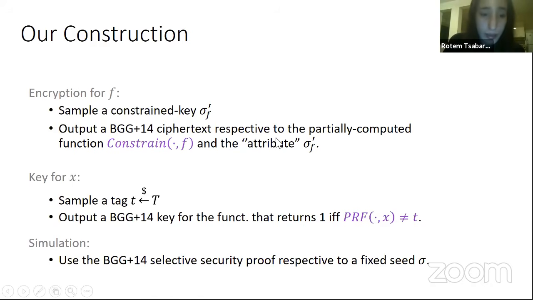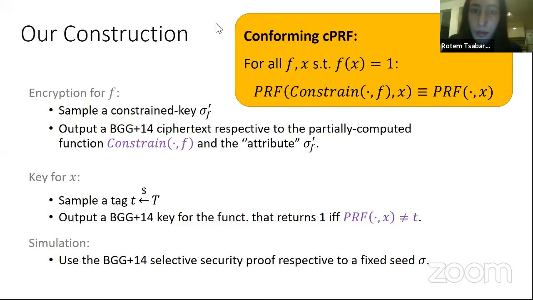The last thing that I want to say is that for this to work, we need the constraint PRF to have some special properties. I said that the BGG+ evaluation is done gate by gate, and in the encryption we use the constraint algorithm, and in the key generation we use directly the PRF evaluation. So what we need from the constraint PRF is a very special structural property: those two different circuits look exactly the same if we look at them as a sequence of gates.